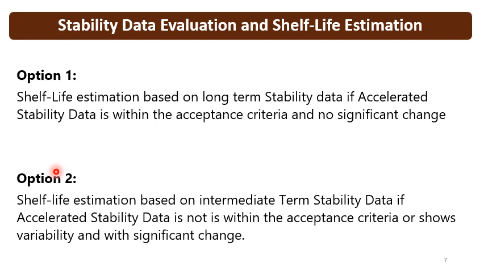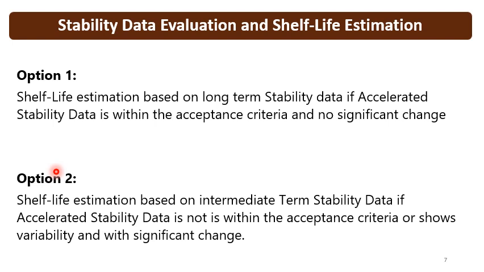And as in the shelf life estimation we are going to consider the quantitative parameters, here the significant change will be change in the potency by 5%, change in the assay by 5%, and change in the degradation products or related substances or the organic impurities out of the specification or not meeting the specification.